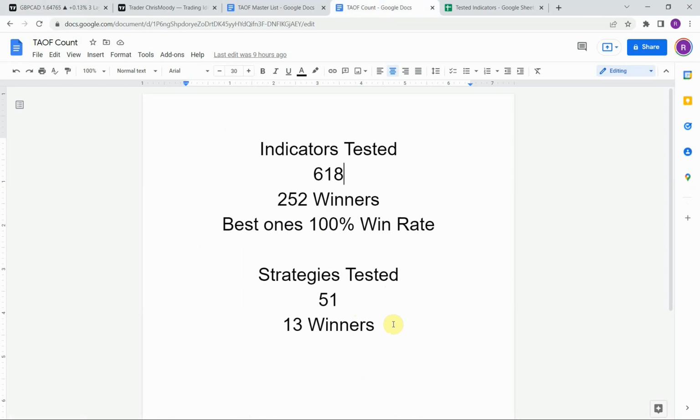The best ones so far were able to achieve a 100% win rate. Now you need to go back and watch those videos to understand the context of how they were able to achieve that. So go back and watch those videos and see what you can get out of those winning indicators. And keep in mind that we test most of these indicators and strategies on the Forex market, but they can be applied to just about any market universally.